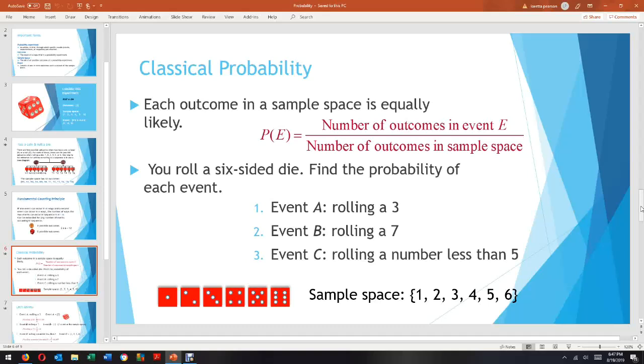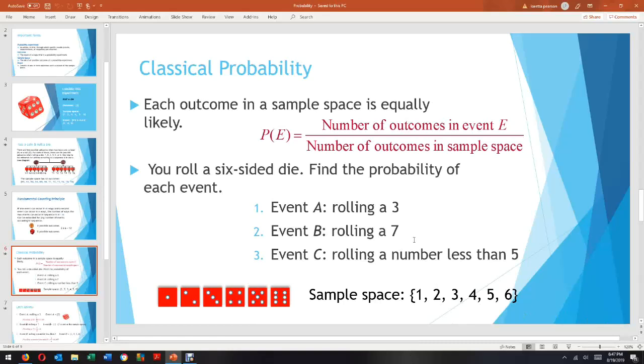I want you to think about those 3 events for a little bit of time here, recognizing that your sample space is the numbers 1 through 6, and then for each of these you have to figure out the number of outcomes that are favorable to the event in question. So for event A, rolling a 3, there's only 1 favorable outcome, so that probability should be 1 over 6.